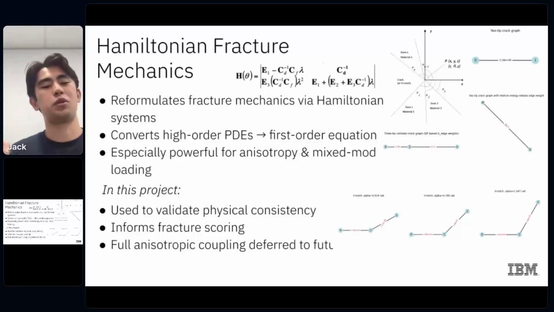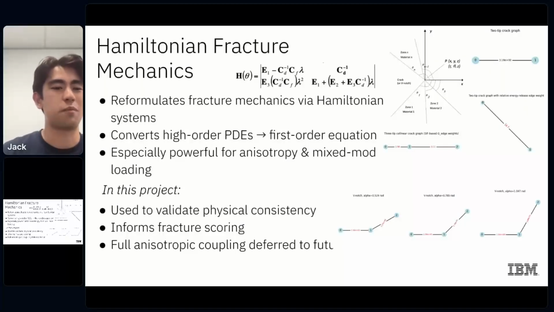It's especially powerful when we're looking at anisotropic and mixed mode loading, which you take into consideration when you've got asymmetries in direction. It's also pretty cool to use this formalism because Hamiltonians are used a lot in quantum. Although this is a classical regime, using similar maths to make problems more efficient is pretty neat.